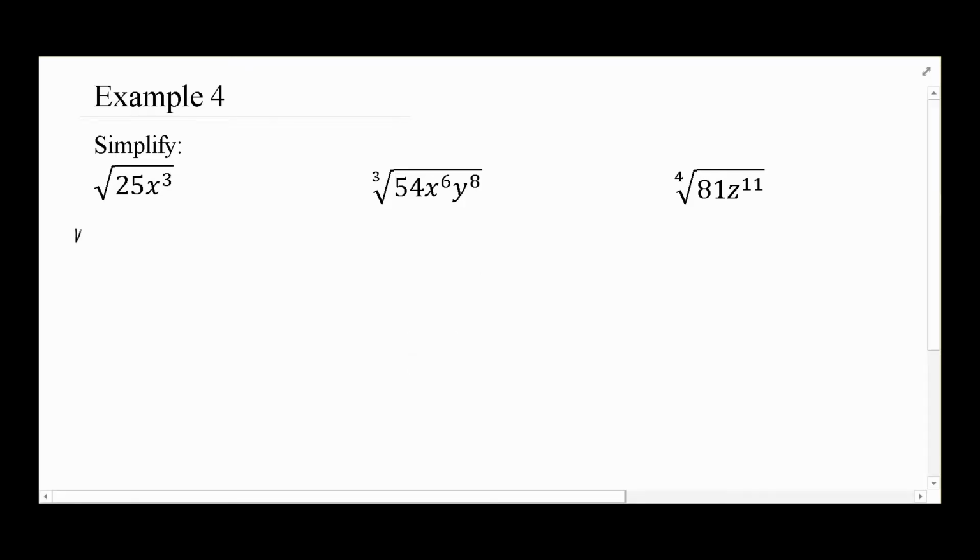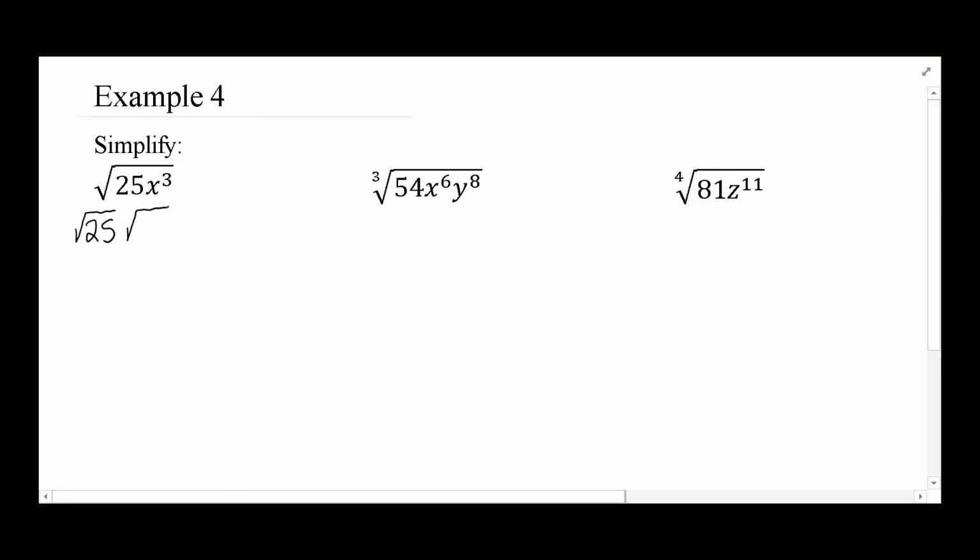In the break it up step, we're breaking this up as perfect squares and whatever's left. Since the square root of 25 is a perfect square, just write it as such. But now we need to break up x cubed. Now x cubed, we need to break it up as a perfect square and whatever's left.